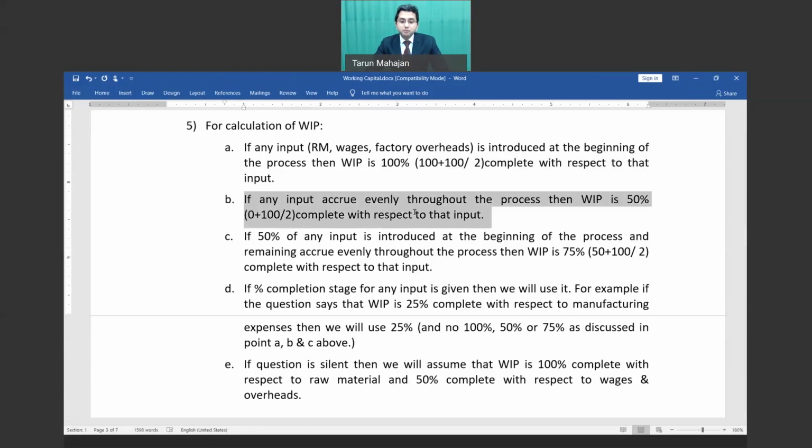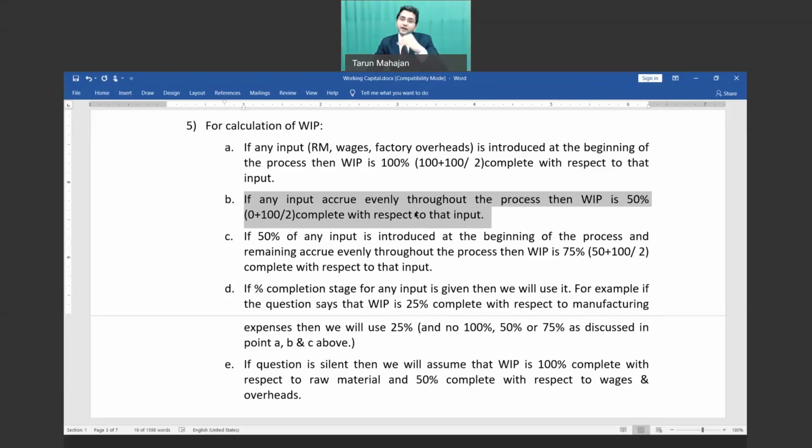But if any input accrues evenly throughout the process, then WIP is on an average 50% complete with respect to that input. So initially wages incurred was 10%. Then at the next step of the process, it became 20%, 30%, 40%, 50, 60, 70, 80, 90, 100.